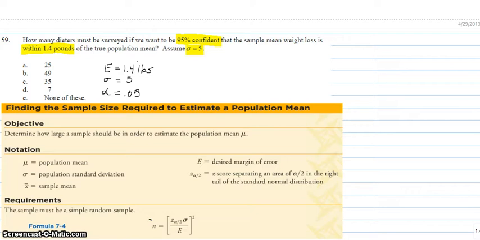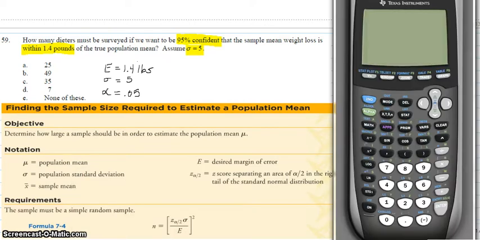Now, we see our formula down here at the bottom, but I'm going to show you how to do that by the calculator. So let me bring up my calculator. I'm using a TI-84. We're going to go to second vars. We're going to arrow down to number 3, inverse norm. Our area is 0.05.